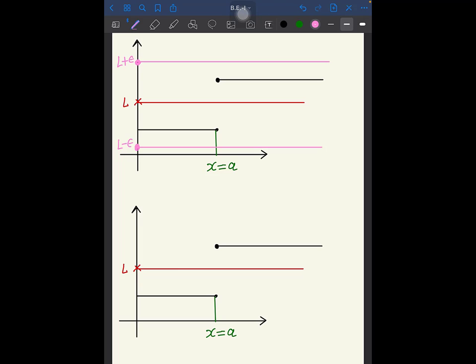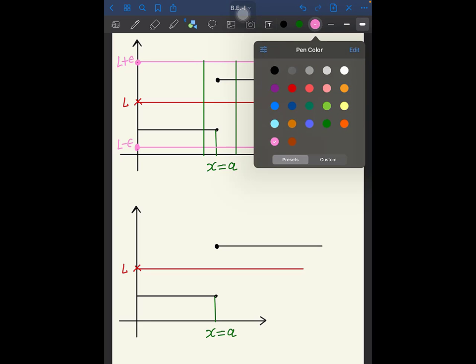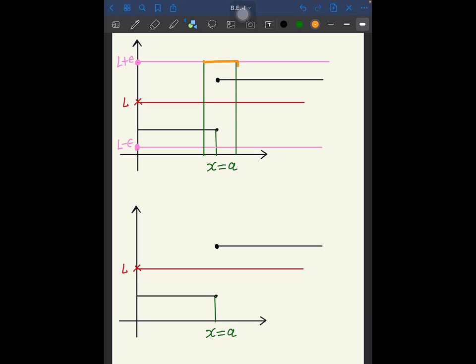Now you take any delta around x is equal to a. No matter if you take a bigger delta or a smaller delta, let's say you take this delta and this much. Now if you mark your box carefully, this is your box. In your box, you will feel that your values are actually mapped into the box.